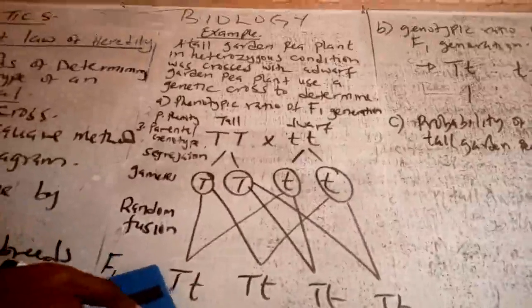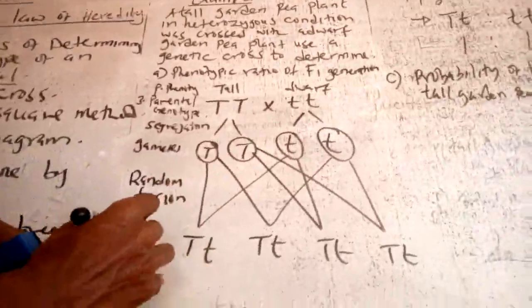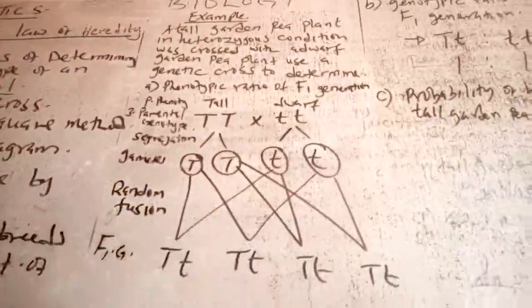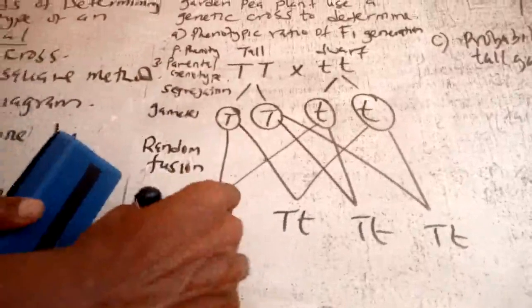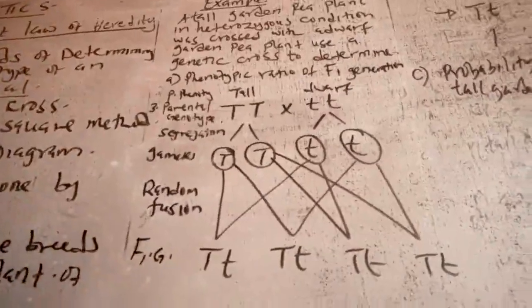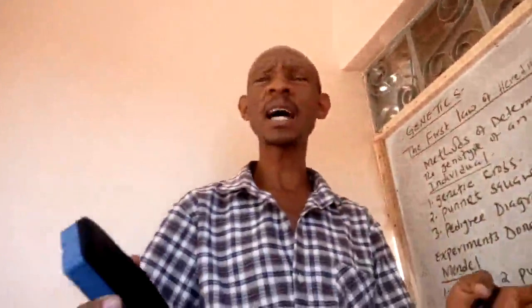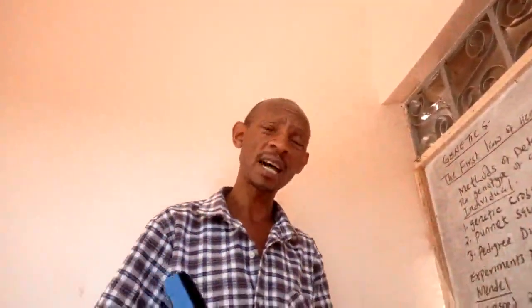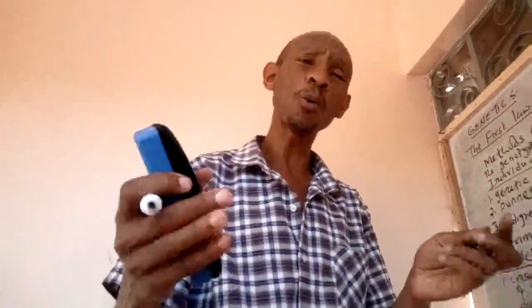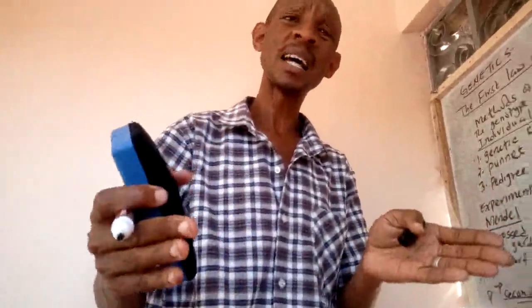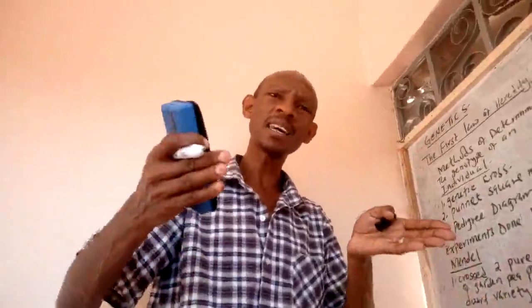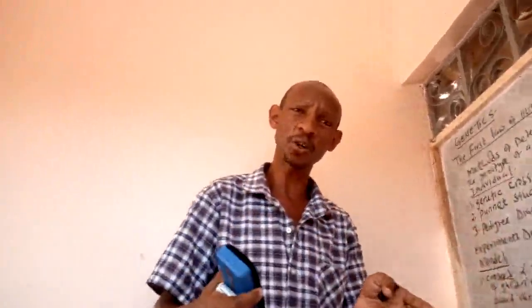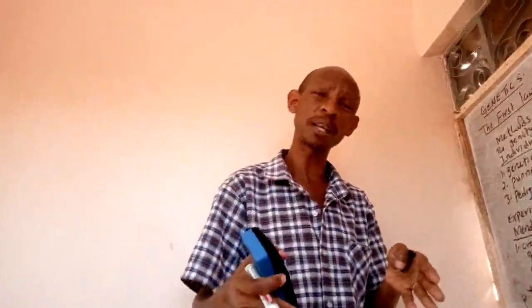As far as the F1 generation is concerned, he observed that all the offspring were tall phenotypically, and therefore he concluded that whenever a homozygous dominant case is crossed with a homozygous recessive case, the results were all tall, meaning that in the F1 generation, the dominant gene contained in the offspring dominated over the recessive gene, and that's why all of them were tall.